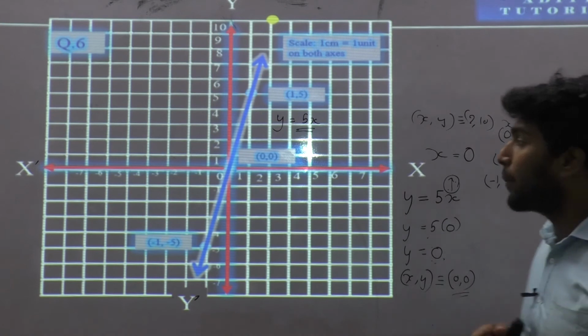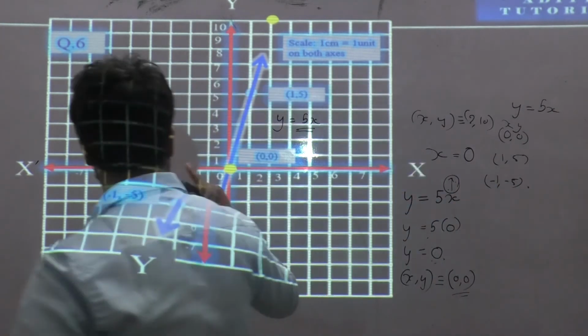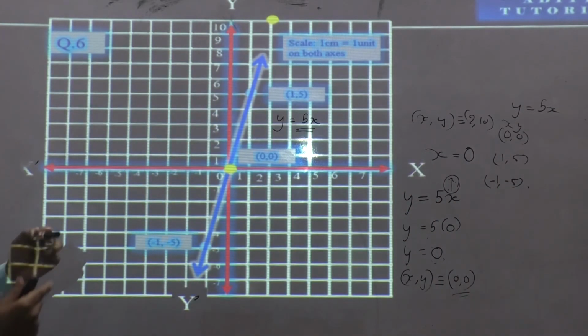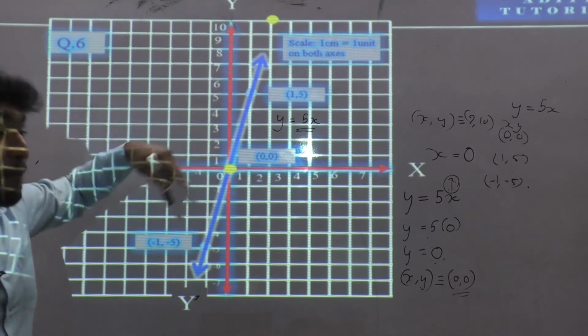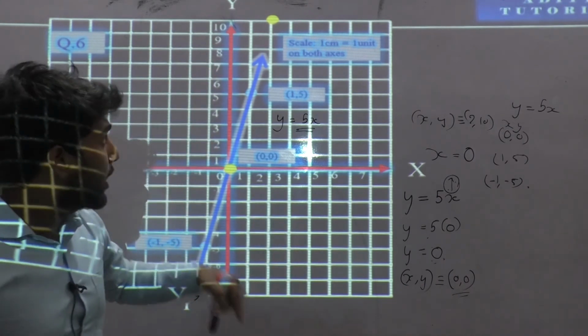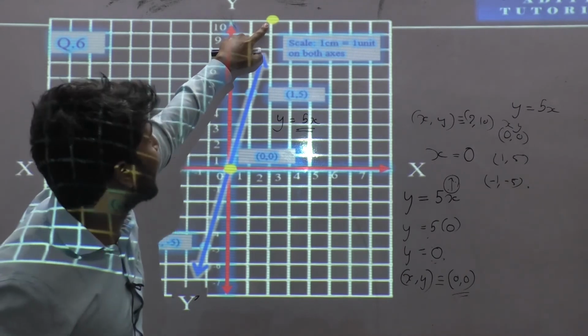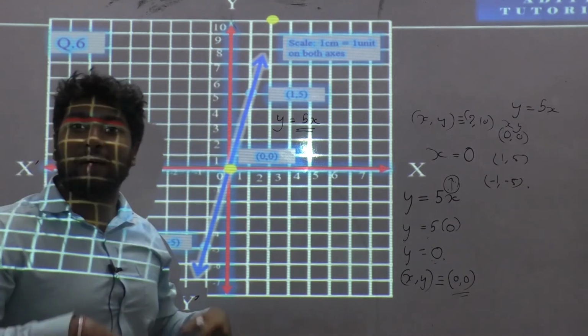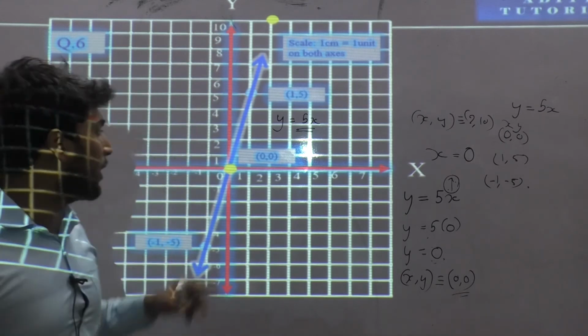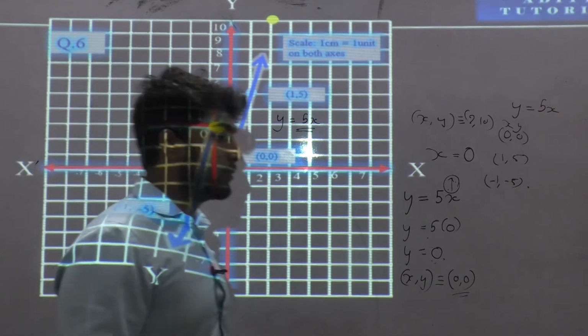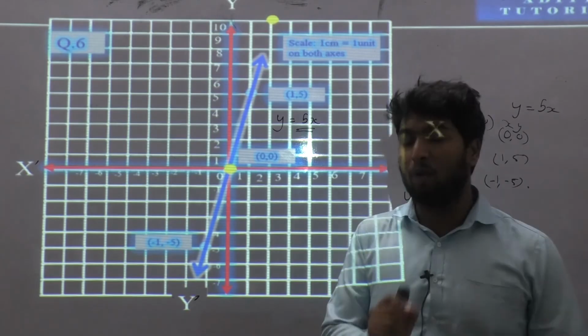So it's 0, 0 somewhere over here. So we plotted those points that were given to us. When the distance traveled is 2 units, it's nothing but 2, 10. And when the distance traveled is 0 units, it's nothing but 0, 0. These are the coordinates of the equation.